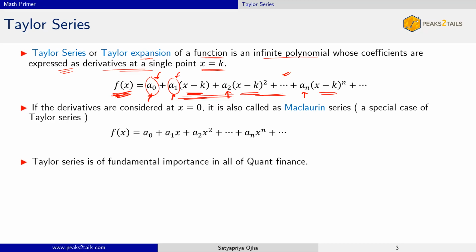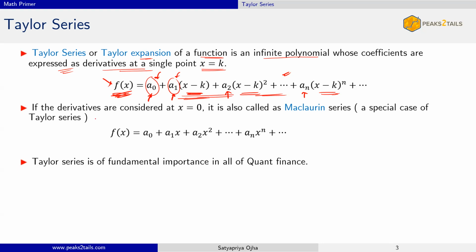And these will be nothing but quantities which are related to the derivative of the function f of x. We'll derive all of these slowly and steadily. Don't worry. So this is the most general form, expanding f of x at x equal to k. This is how you need to write the equation. Everything else follows quite naturally after this.